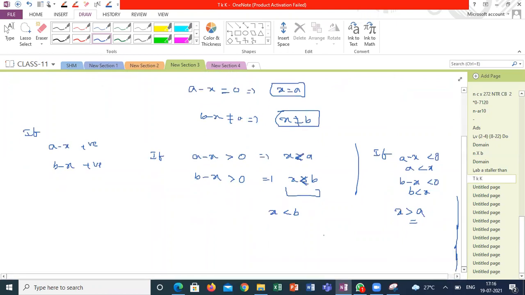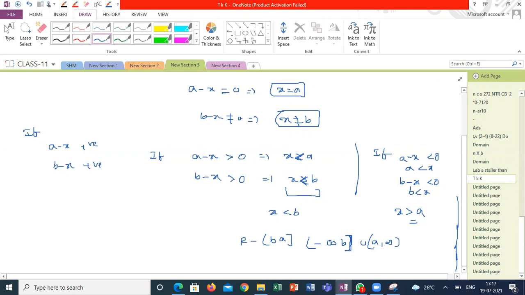Sir, the answer which you gave for this also is wrong. So it should be R minus the interval B comma A, or minus infinity to B, you can include B, union A comma infinity, correct?